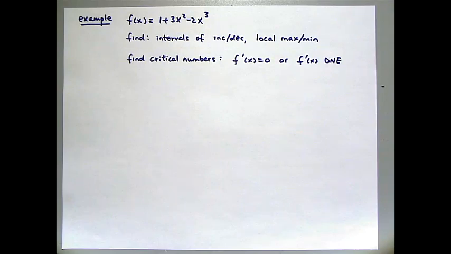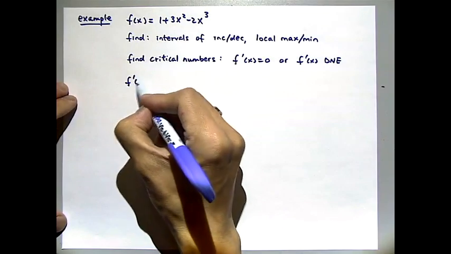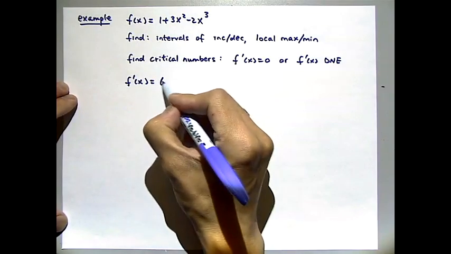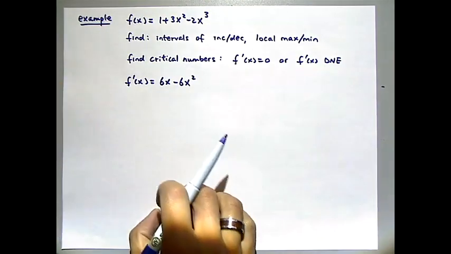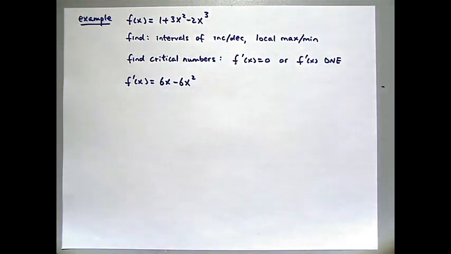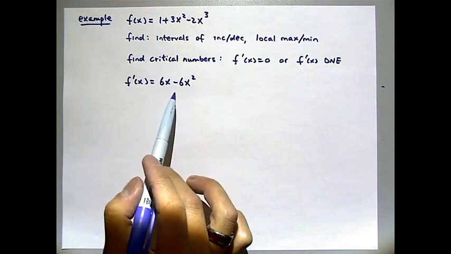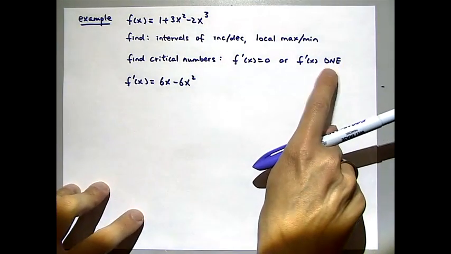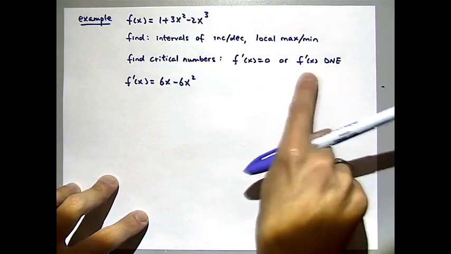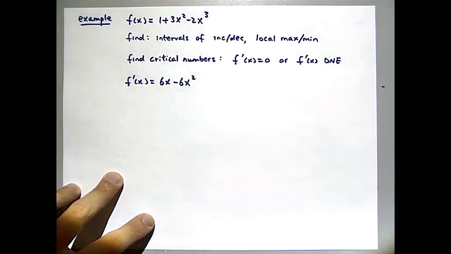Those are potential locations of local maximum and local minimum. This one has a very simple derivative, 6x minus 6x squared. This is a polynomial. It's defined for all values of x. So we're not expecting anything from that criterion. Only this is going to give us something.